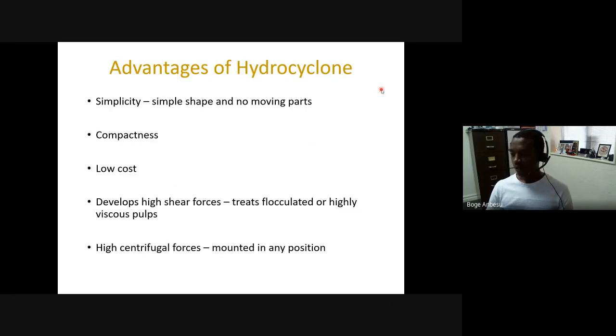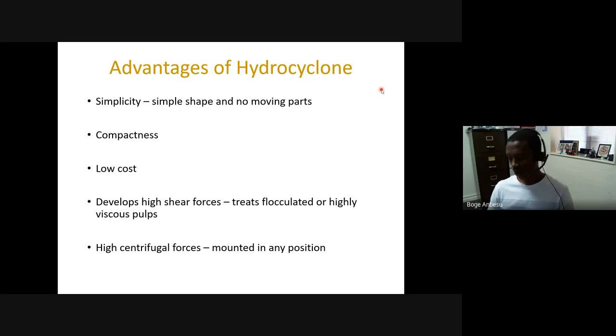Again, because they are very simple in construction, they're compact, they don't take a lot of space, they don't even require a lot of capital. They're very popular. And if you operate them properly, they're actually very effective as well. So probably one of the main issues with them is if you don't control the performance of a cyclone, you may have a very poor outcome.